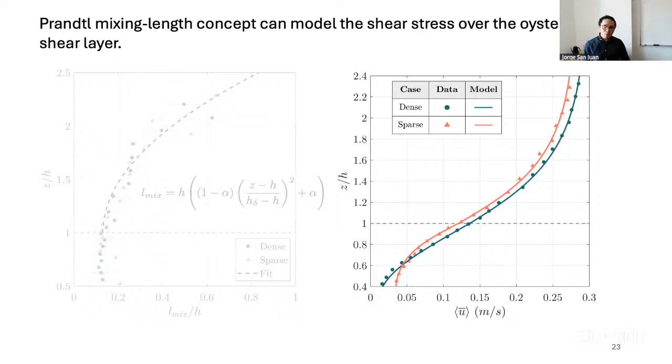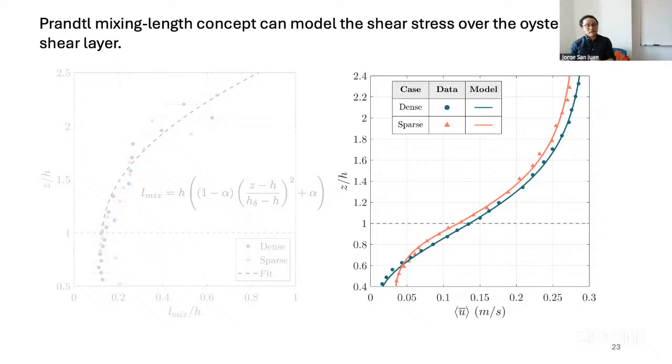What would be important as a next step would be to see if this model applies to other conditions. But in this case, we have a mixing length model that is working in an area of the velocity profile that is affected by the oysters, that is creating this inflection point, and that is not necessarily logarithmic.